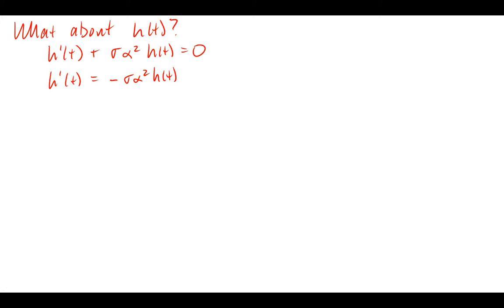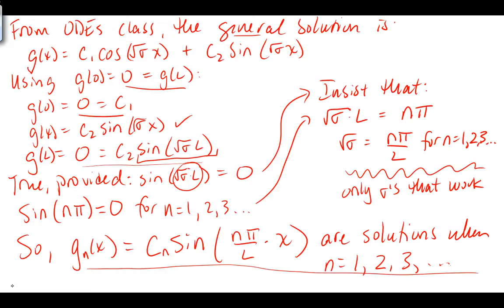But now we just discovered in the last problem, one of our big discoveries, that the square root of sigma is n pi over L, where n is a whole number. So of course, that would imply that sigma is that stuff squared. I'll just jot it here.